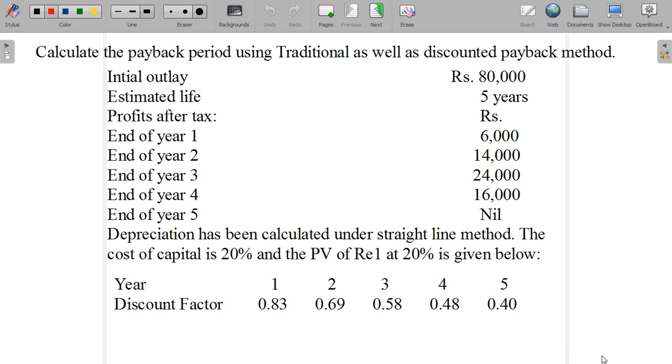And for 5 years, profit after tax is also given. They've also mentioned that the depreciation can be calculated using the straight line method. And they've also given the cost of capital as 20%, where they have given the PV factor values. Let's see how to work this problem out.